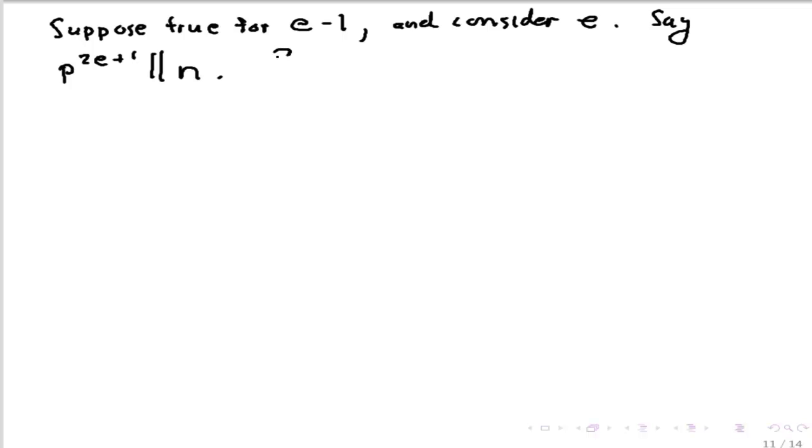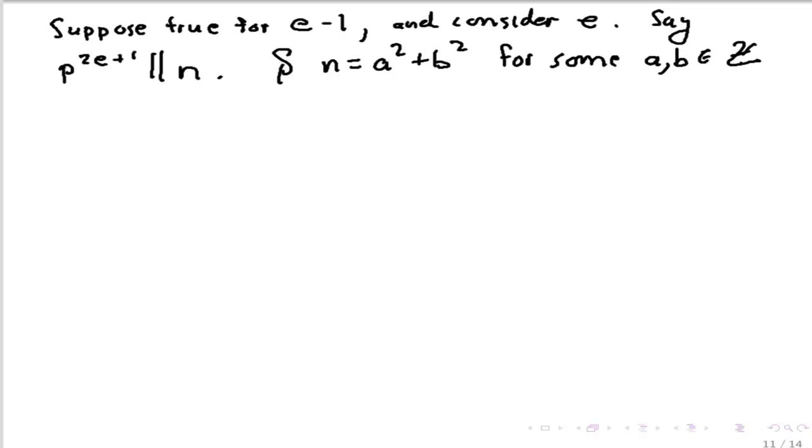So suppose n is a squared plus b squared for some integers a and b. And I just repeat the same argument.